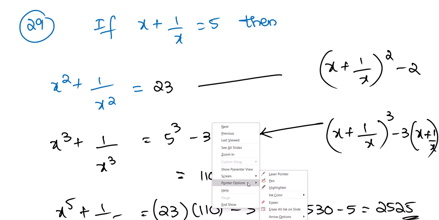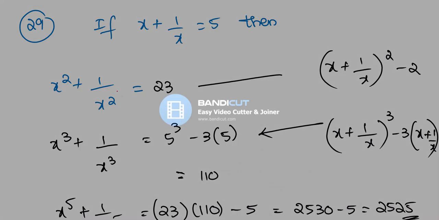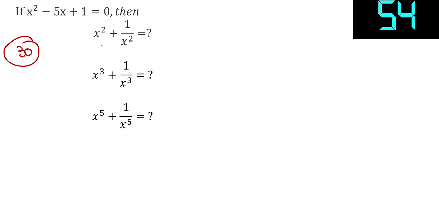But sometimes they give the same question in a typical way. This question is actually what you did so far. It's nothing but 23. This is nothing but 110.